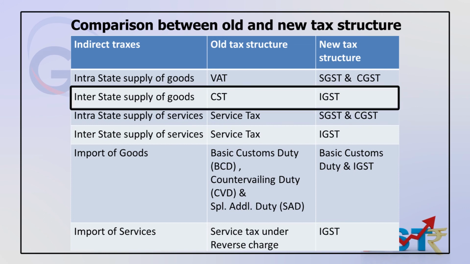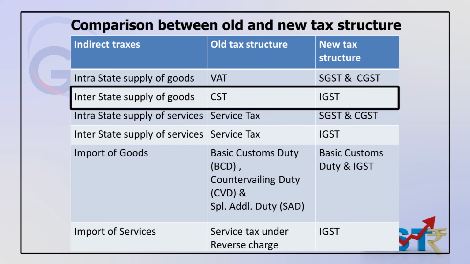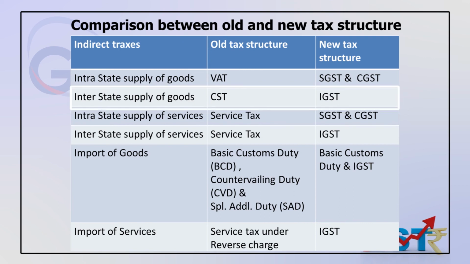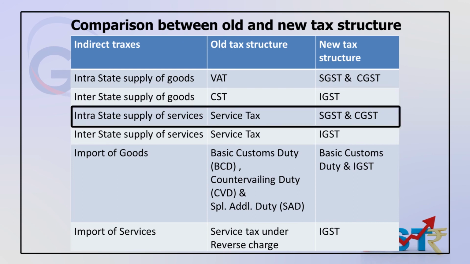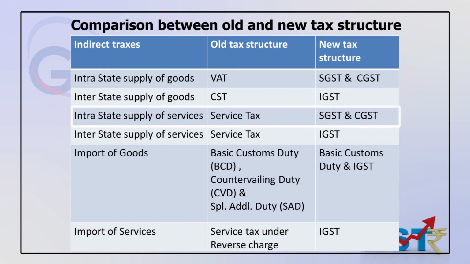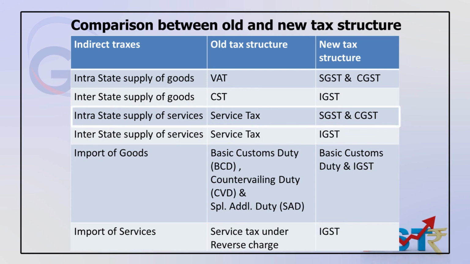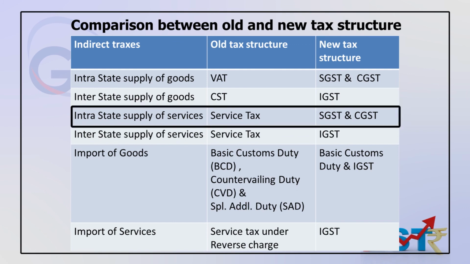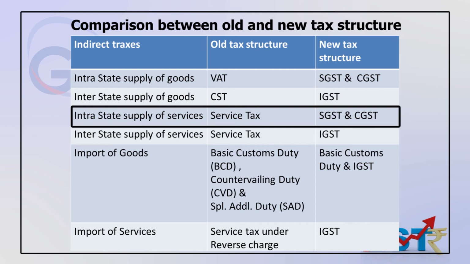But now, the picture has been changed. In place of CST, the entire mechanism is to be controlled by IGST. IGST is to be followed. In the same way, intrastate supply of goods, earlier it was VAT, now it is SGST and CGST. Intrastate supply of services, service tax was there, now it is SGST and CGST, because there is no existence of sales tax and service tax separately.